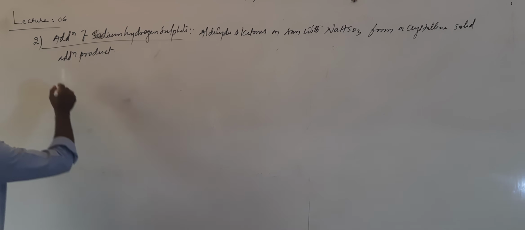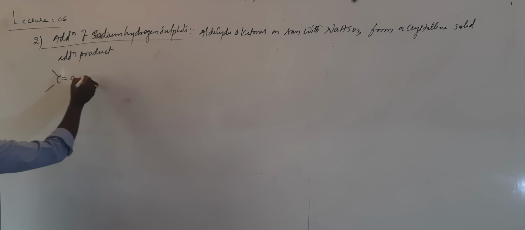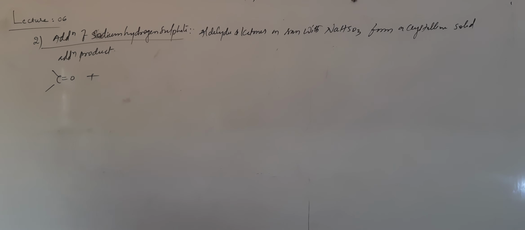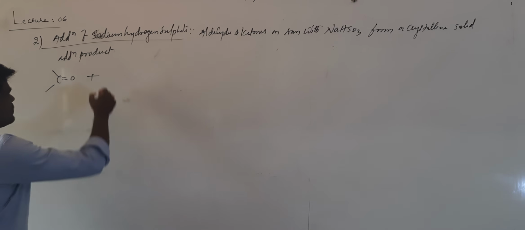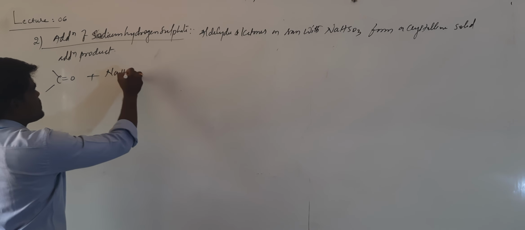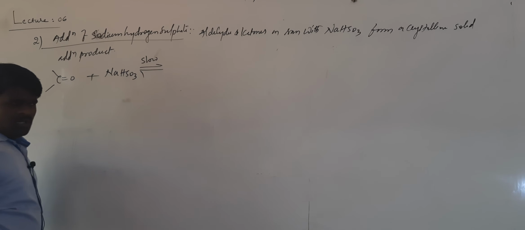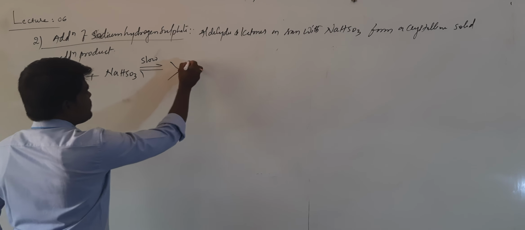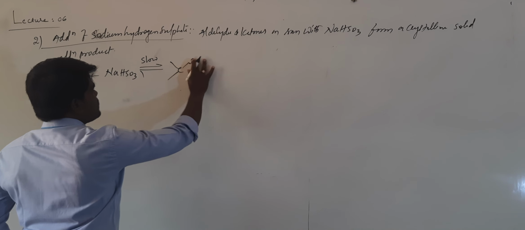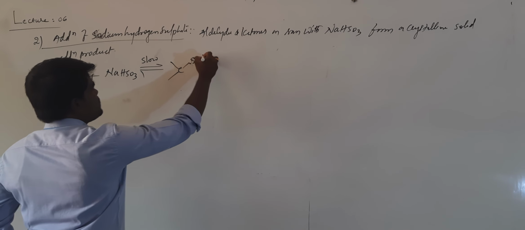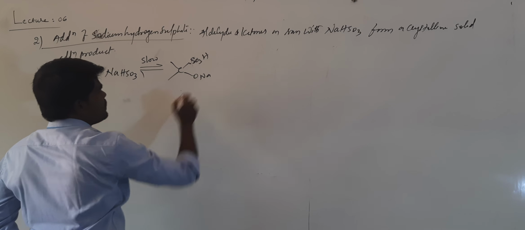Suppose you take any aldehyde or ketone, a general representation of a carbonyl compound, and treat it with sodium hydrogen sulfite. The first step is slow and rate determining, and it results in the formation of an addition product.